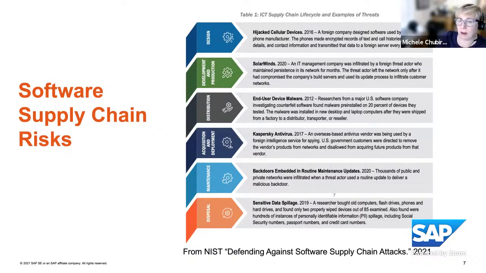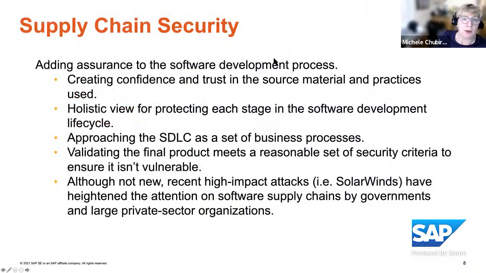You have banned vendors, as we see here, and backdoors embedded in. You could have that in components or through routine maintenance updates. I think this will be in my references, but I recommend the NIST Defending Against Software Supply Chain Attacks document. It's excellent.